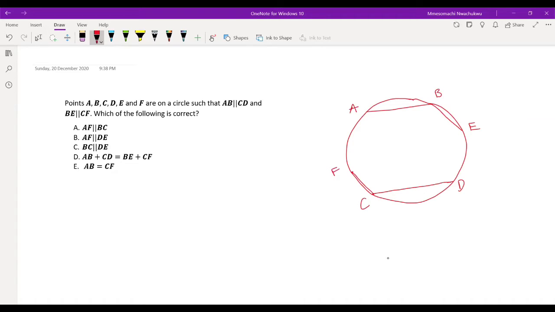Now looking at this question, let me just put my notation for parallel lines. Let's just complete the hexagon and see what we can get.